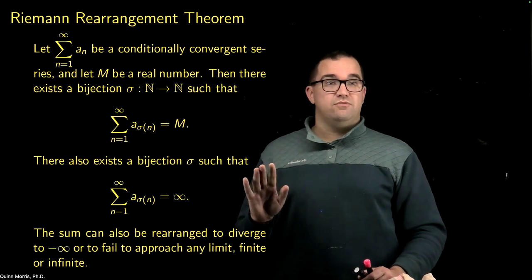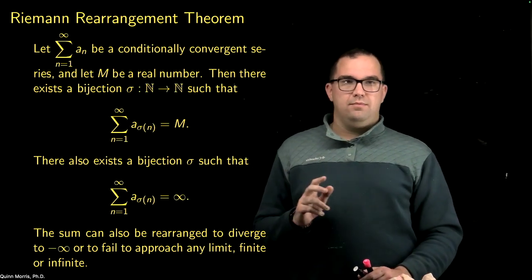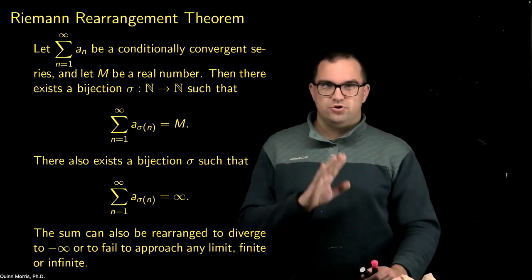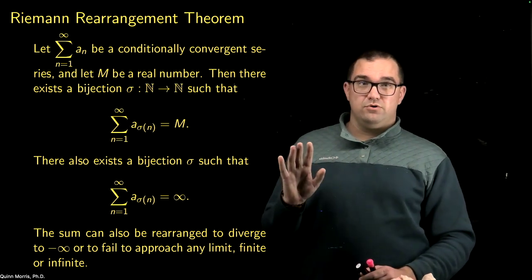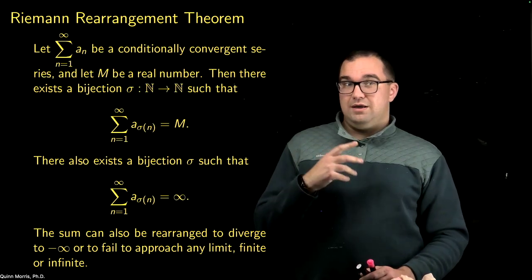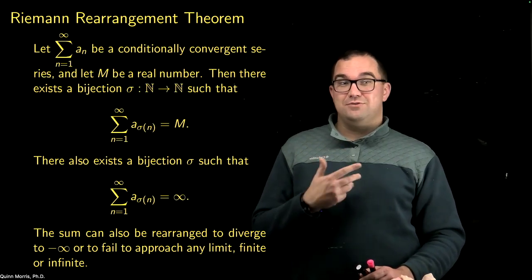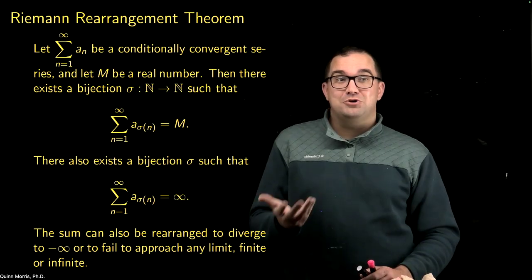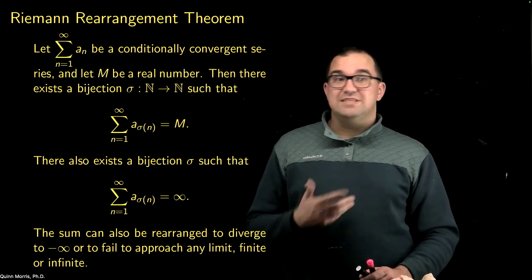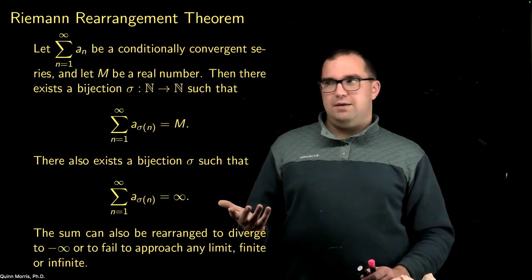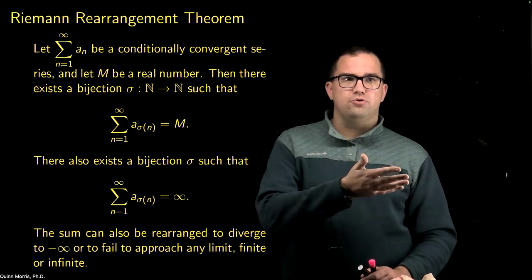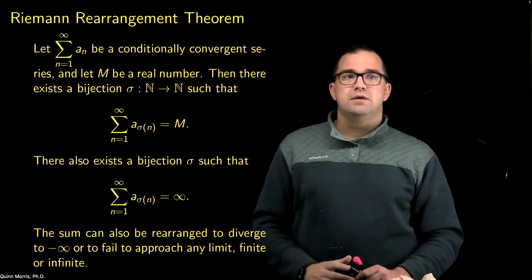Again, with absolutely convergent series, that's not a problem. You can rearrange terms however you want, and you'll still converge to the same sum. So in terms of thinking about absolutely convergent series, if I have a series with all positive terms, if it converges, it is absolutely convergent. Why? Because the absolute value of each term is just the term itself. All the terms are positive.